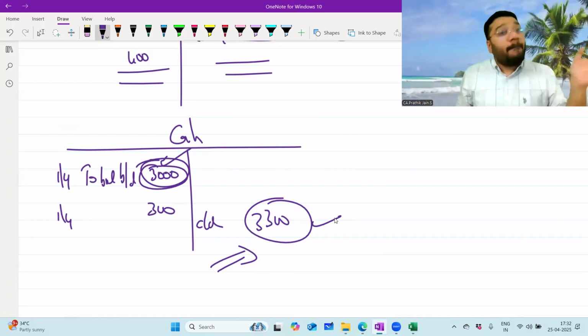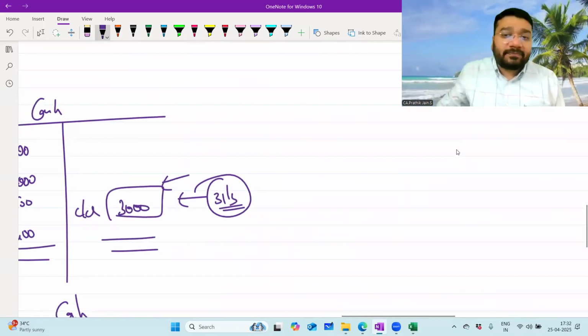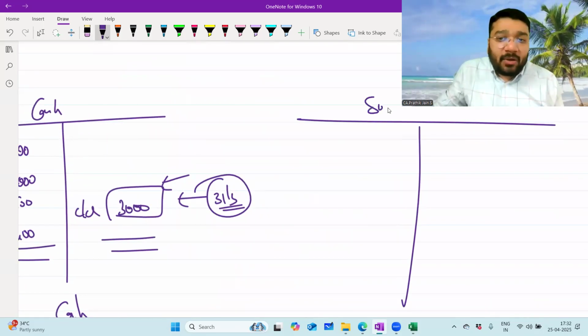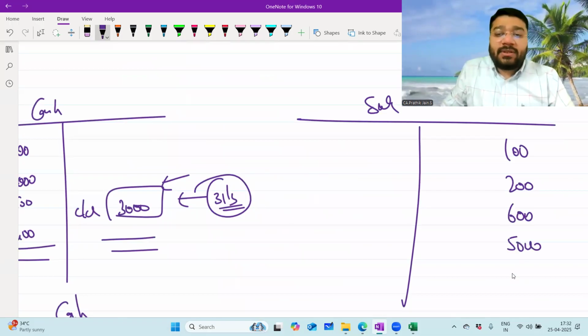Correct only, no? But if I open the sale account, this is the sale account. I got 100 rupees, then I got 200 rupees, I got 600, then 5,000, then 4,000, then one more 100.